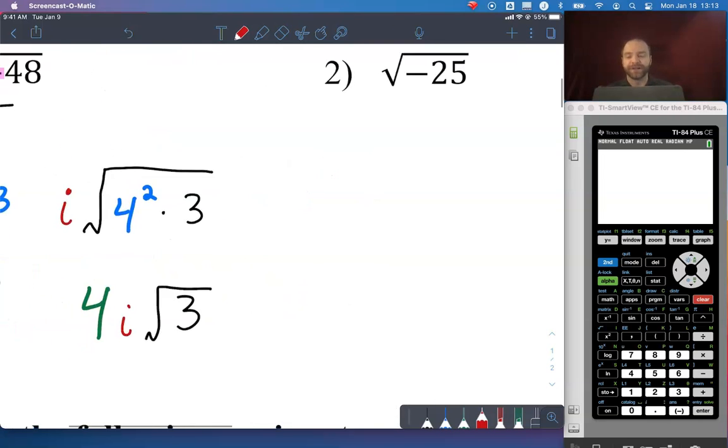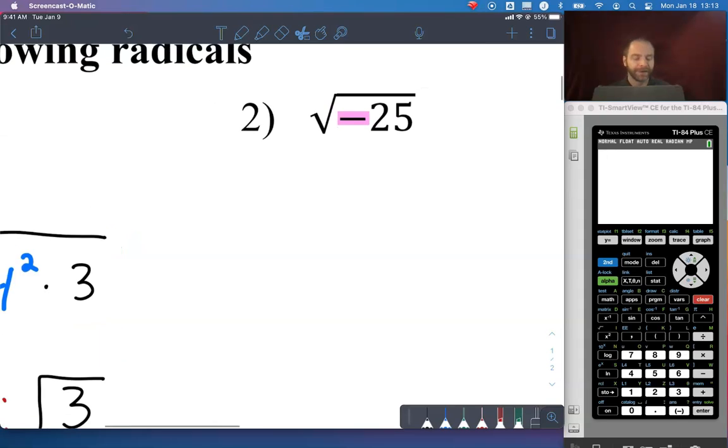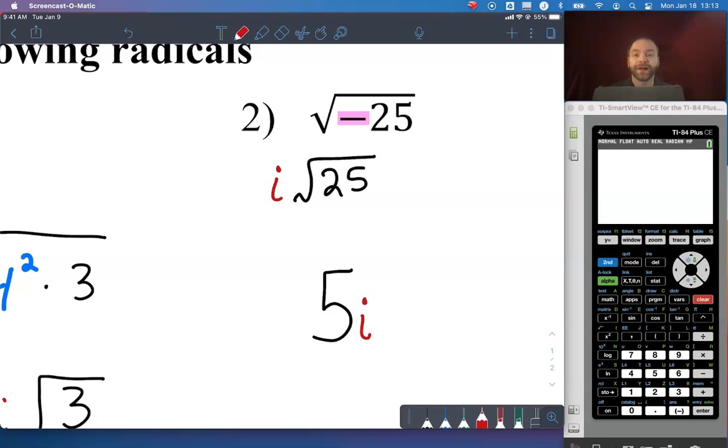All right, so same idea. I have square root of negative 25. Well, again, notice I have that negative. I'm going to take that negative out, and I'm going to write it as an i. So really, I have i square root of 25. Now, here, do I really need to break down square root of 25, or do I know the square root of 25 is 5? So my answer is 5i.